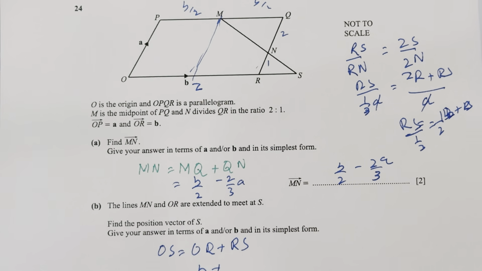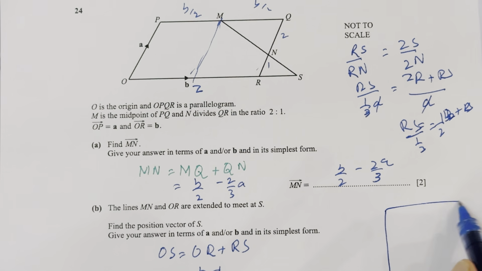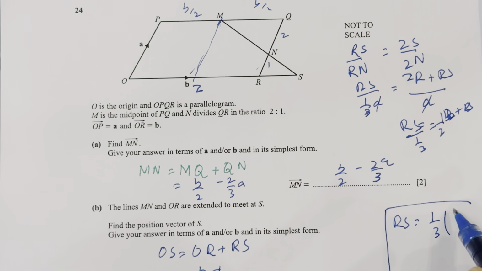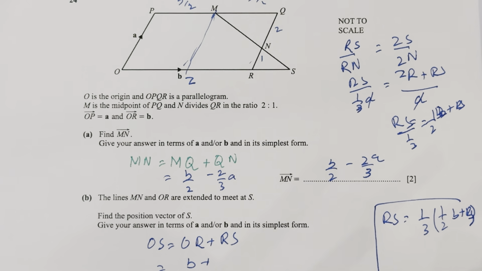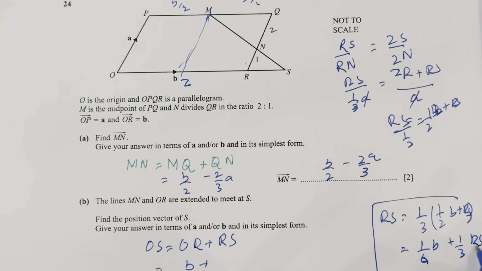Then you need to find the value of RS. I am calculating over here. RS is equal to, you multiply that 1 by 3, 1 by 2 B plus RS. After solving it, it would be 1 by 6 B plus 1 by 3 RS.